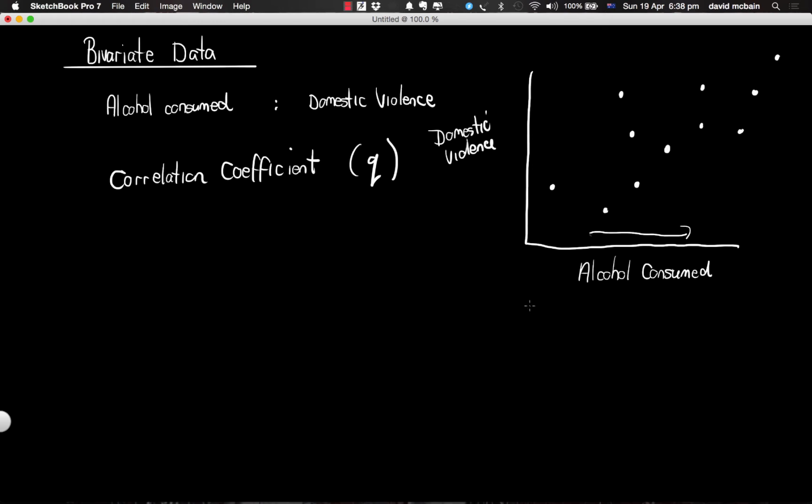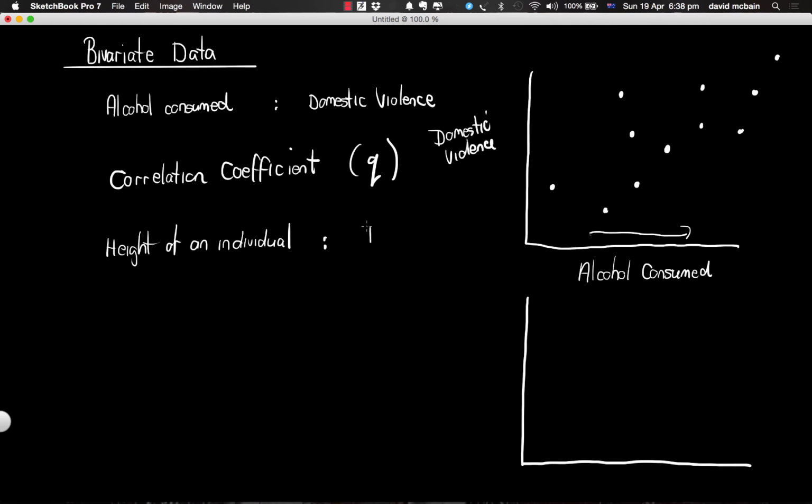On the other hand, if we did another investigation on something completely different, maybe we want to find out if there was a relationship between the height of an individual and their intelligence, their IQ, in other words.